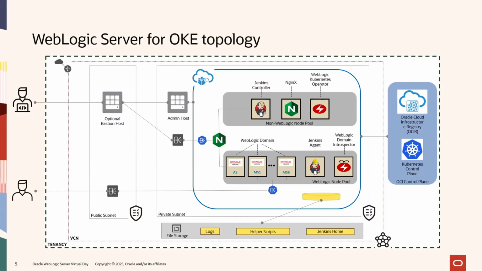The WebLogic binaries need to be running in a licensed node pool. So the node pool has many worker nodes, or compute instances, that are there to run your pods. And all of those should be licensed, right? So in this case, if you're using BYOL, you should license the entire WebLogic node pool.